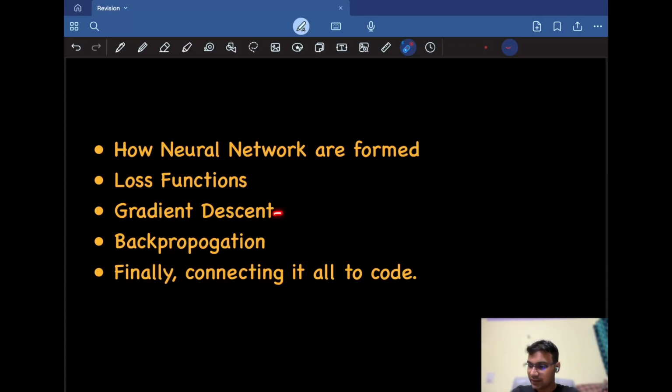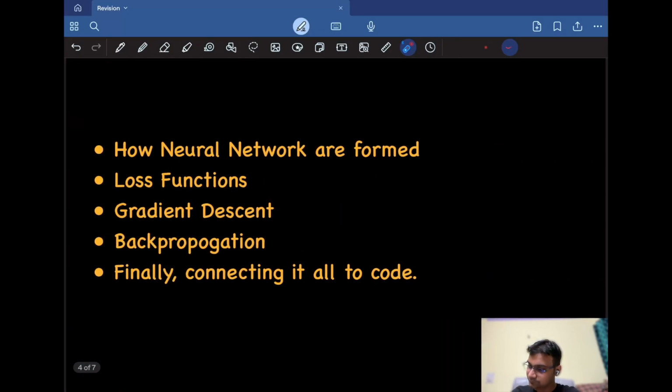Then we will see gradient descent. The purpose of gradient descent is to minimize this loss that we are seeing. The loss is the average of all. We will go into more detail, but I'm just giving you a brief. So this is used to minimize the loss.